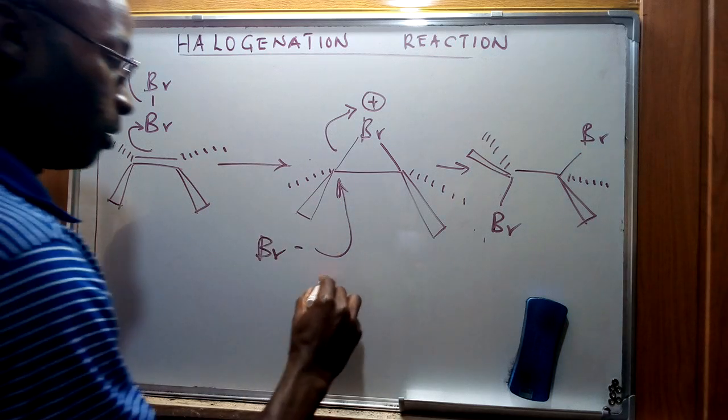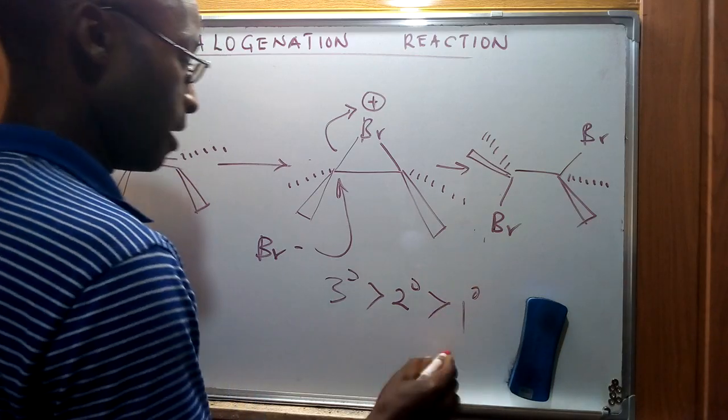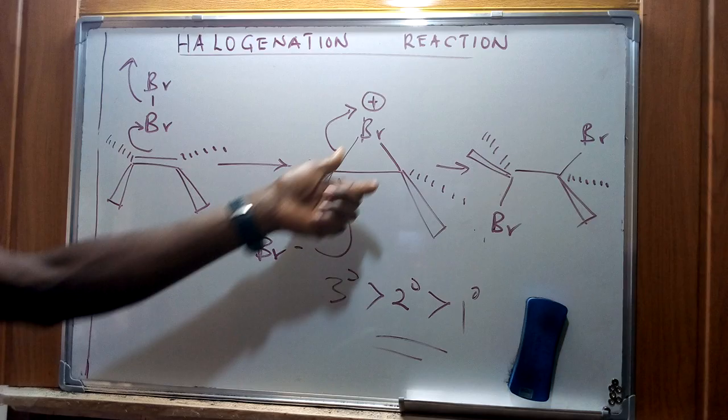We have talked about the order of preference for stability in this specific case, and therefore it's going to play a role for this bromonium ion at this specific point.